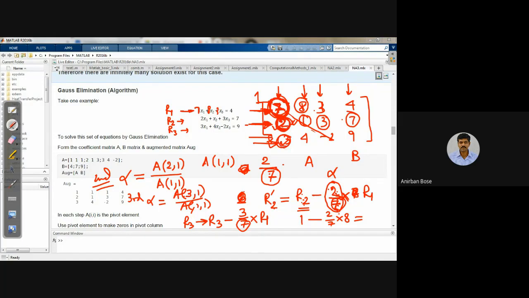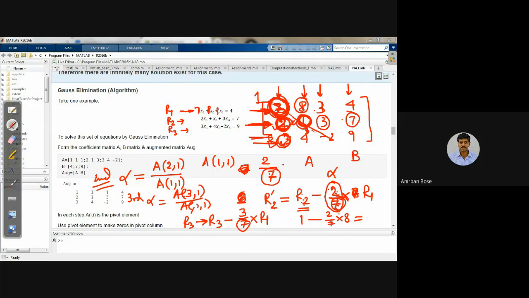Okay, if you do this calculation, then these first two quantities will become 0. Then we'll go to the second set of calculations, where we'll consider the second diagonal value as the pivot element, and do the same thing for the rows lower than that value. Here, this is the pivot element, and we have done operations below one row, that means rows 2 and 3.